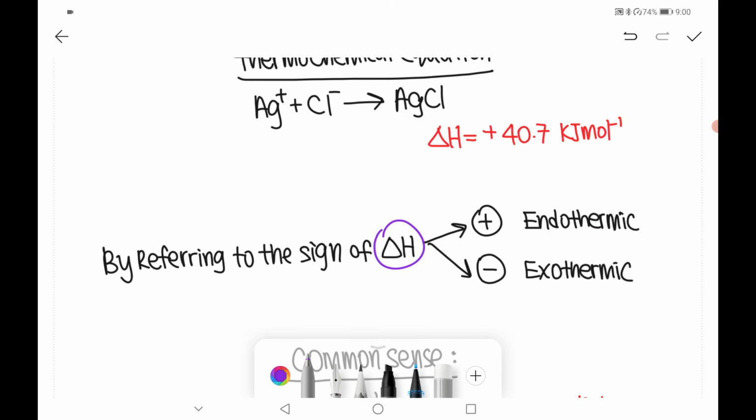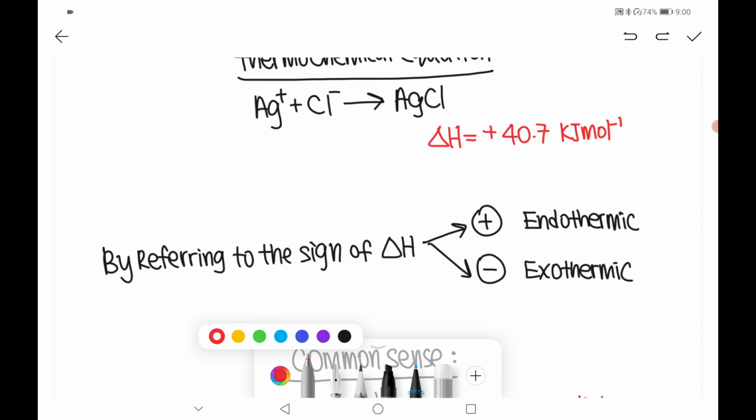If the delta H is positive, it is endothermic. If the delta H is negative, it is exothermic. Positive is endo, negative is exo.